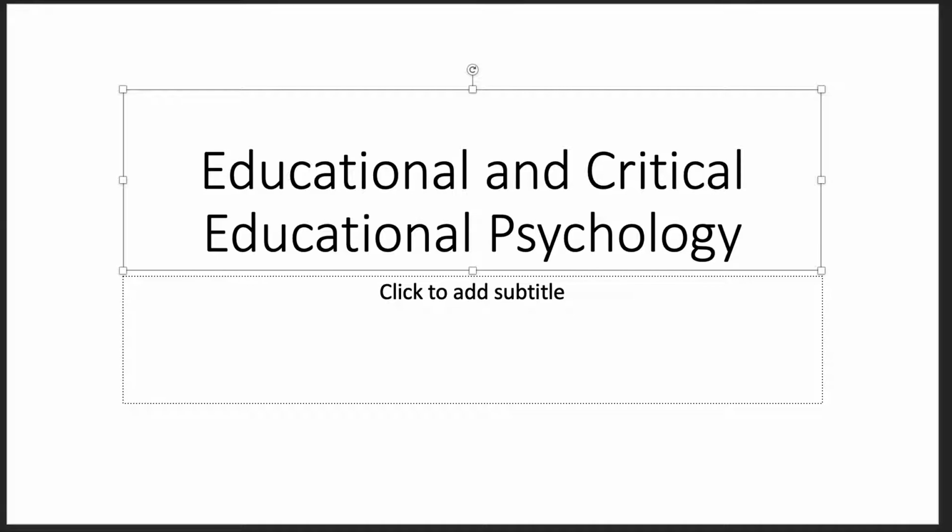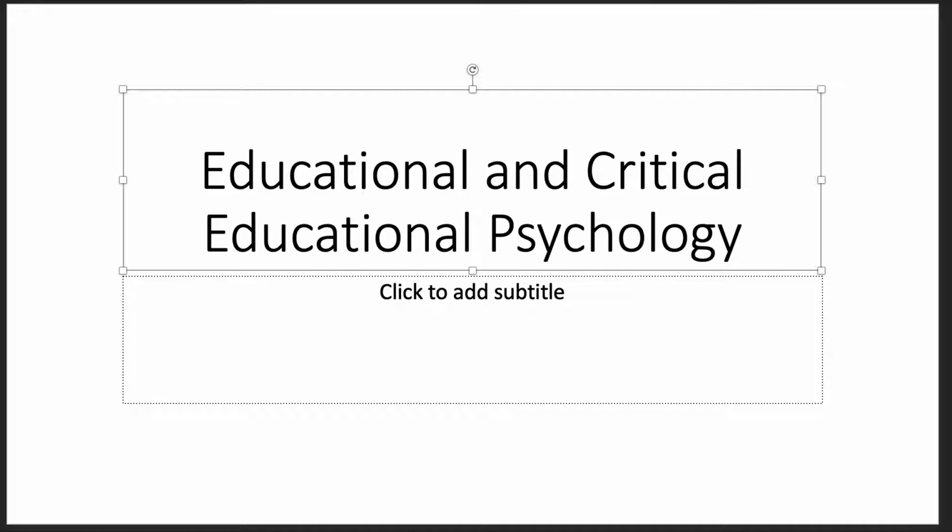Now, there are some foundational assumptions that I would argue distinguish between these two perspectives. Educational psychology, I would say, is really intended to be declarative. And what I mean by that is, it's intended to explain and describe, among many things, right?